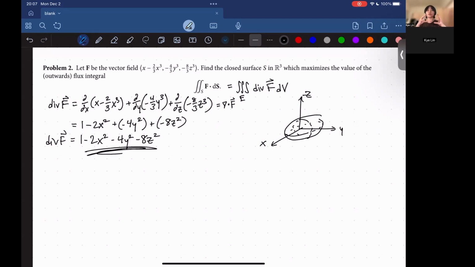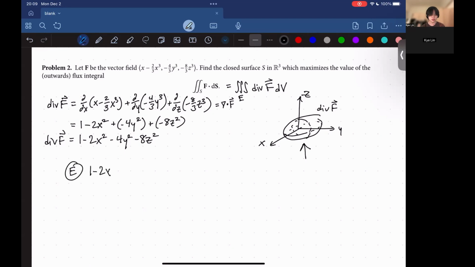So it's kind of like a sphere, but like you stretched it out on one end. So that's our divergence of F. And to get the maximum integral value over this divergence, we want to integrate over this surface. Since we want whatever we're integrating over to match div F as closely as possible to get all of the div F that we can, we want E, our solid, to be this shape and all the volume inside it.